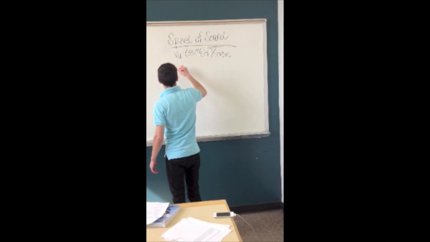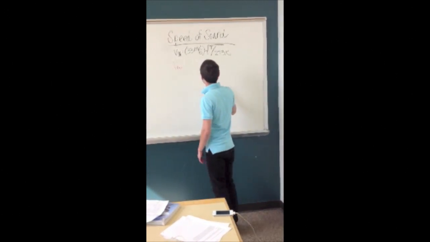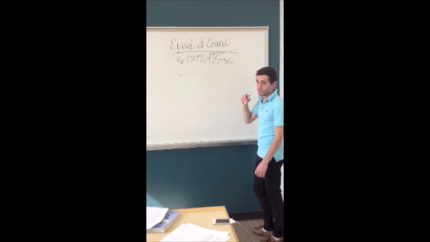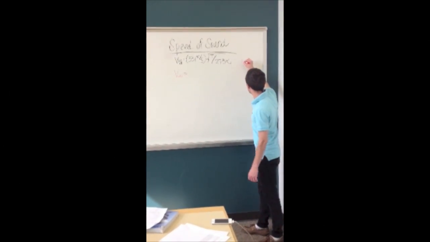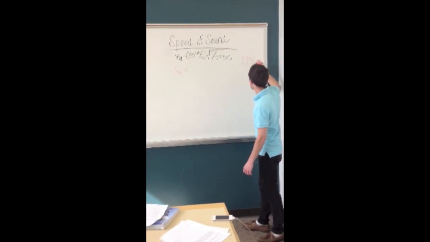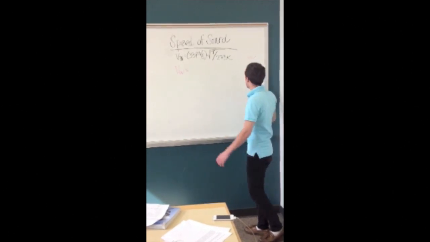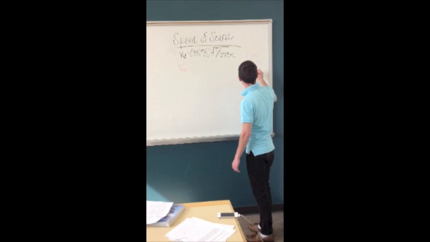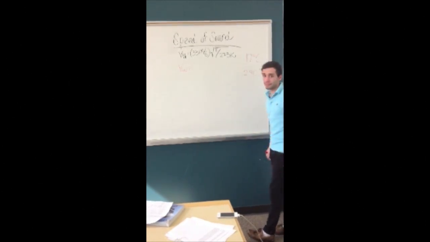So, all we gotta do, first of all, the temperature today, by the way, is 17 degrees Celsius. So if we convert that to Kelvin, we get 290 Kelvin.